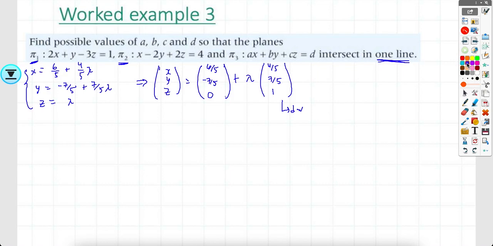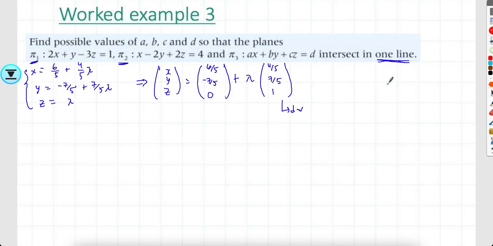So we're looking at this having a scalar product of 0 with the normal of the 3rd plane. So the direction vector here, let's take a nicer value of it.